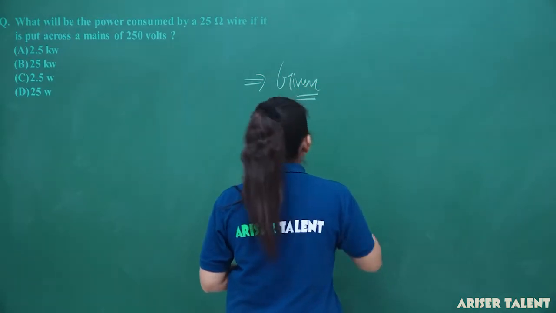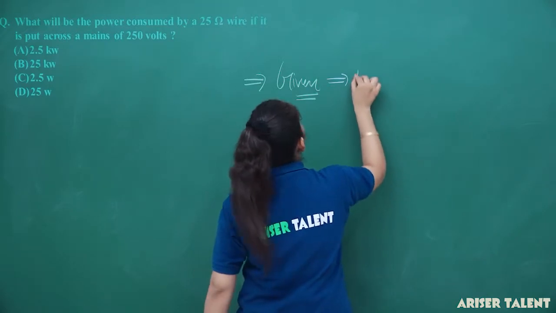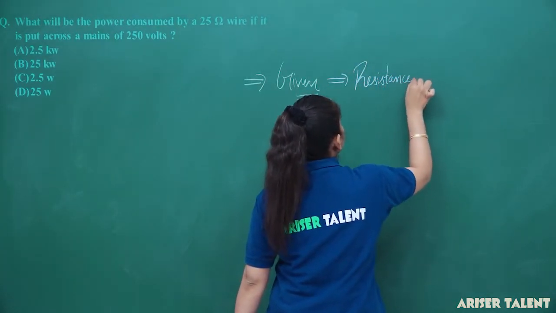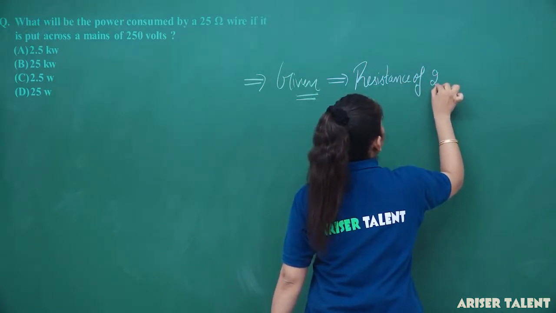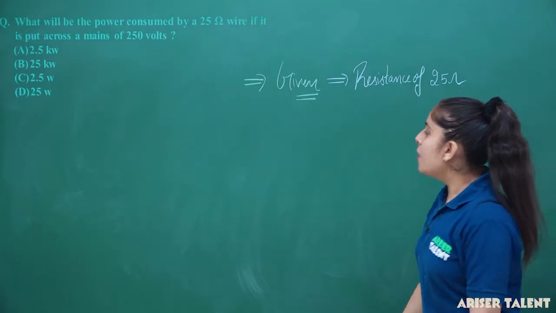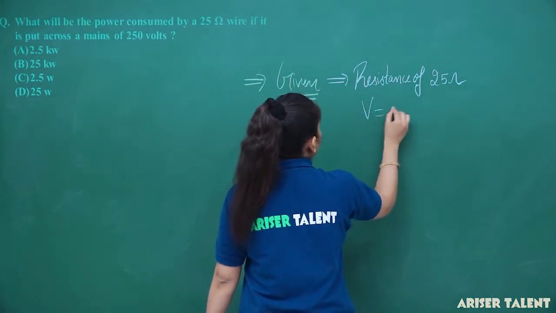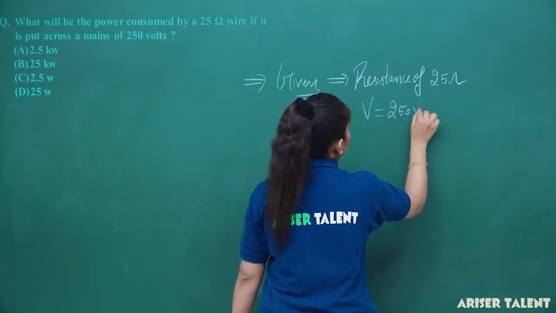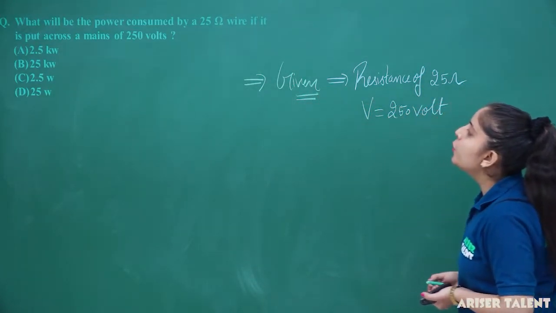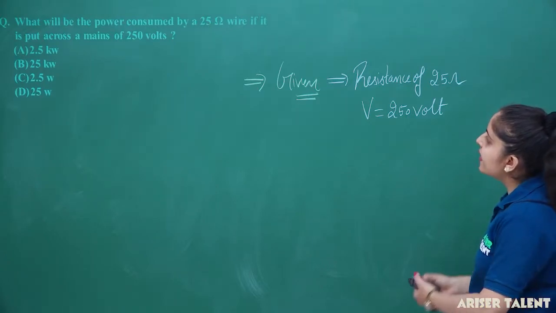You are given a resistance of 25 ohm. You are given a supply, that is V equal to 250 volt. Now, what you have to determine? You have to determine the power in this case.